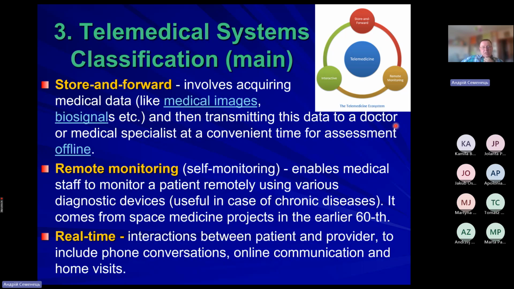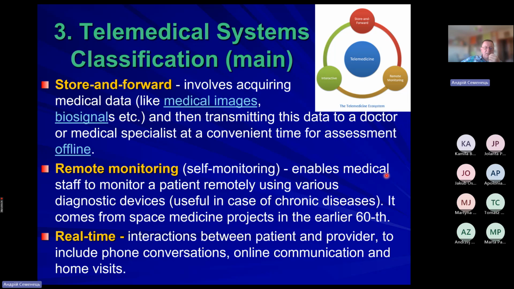About classification: it depends on the medical activity, and telemedicine areas and activities depend on different objectives and sources. For example, here we have three major components. Store and forward, which requires acquisition of medical data and transmission to a doctor for further assessment offline and creating some advice.